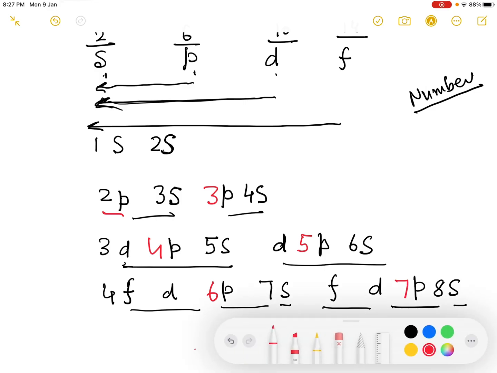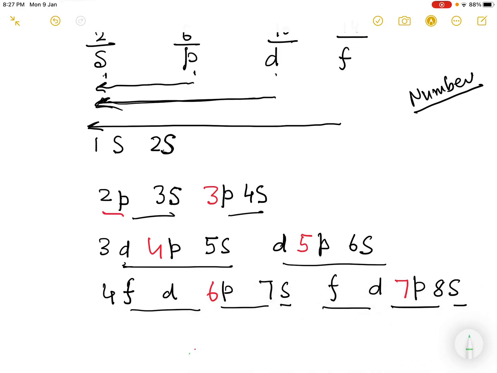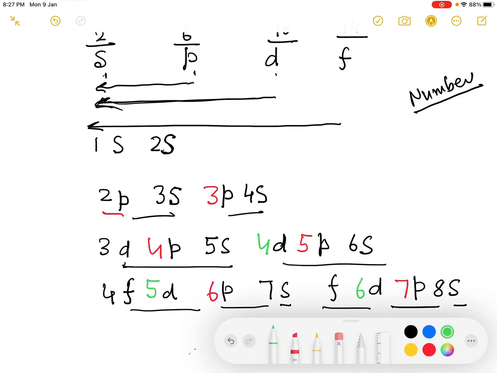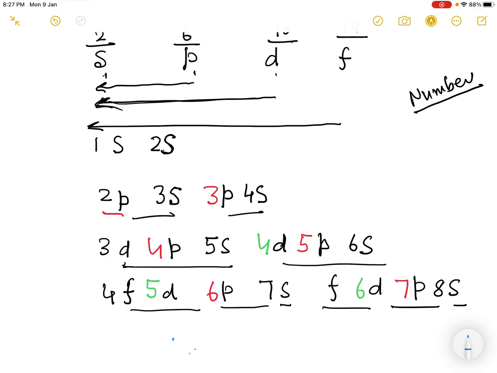And again we write the number of d: 3d, then 4d, then 5d, then 6d. Then we write the number of f: 4f, 5f. Okay. Now this is the order. This is the least energy.